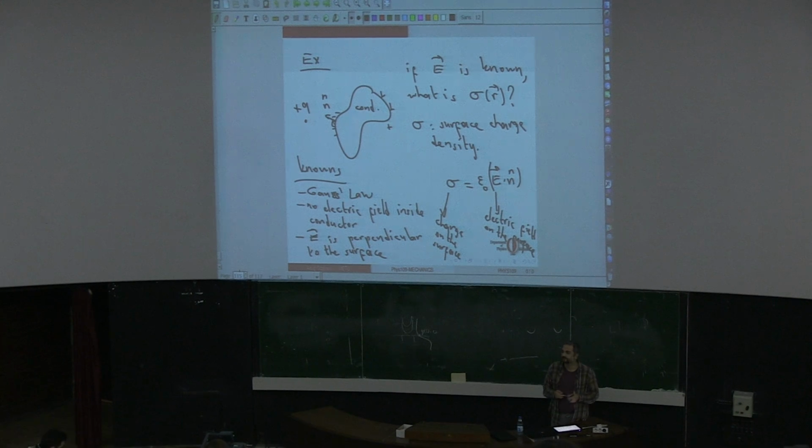Other questions? For example, if it's a neutral conductor, then you will get 0. Sure. Depends on your surface. You have to sum over all the surface.